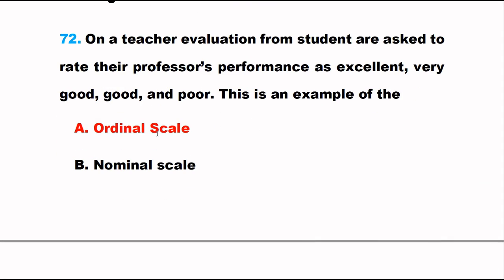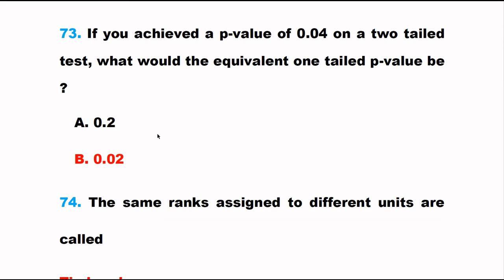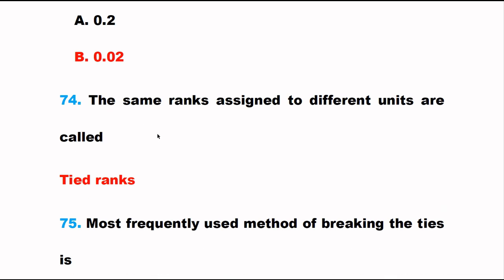On a teacher evaluation, students are asked to rate their professor's performance as excellent, very good, good and poor. This is an example of an ordinal scale. If you achieve a p-value of 0.04 on a two-tail test, what would be the equivalent one-tail p-value? 0.02.